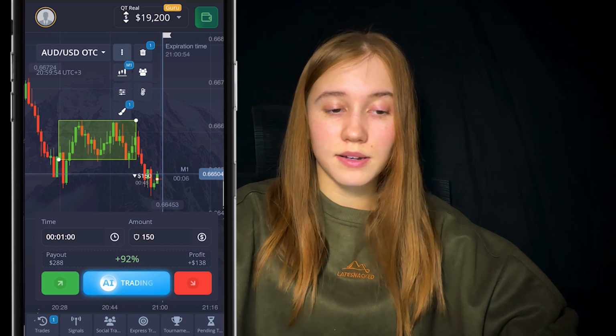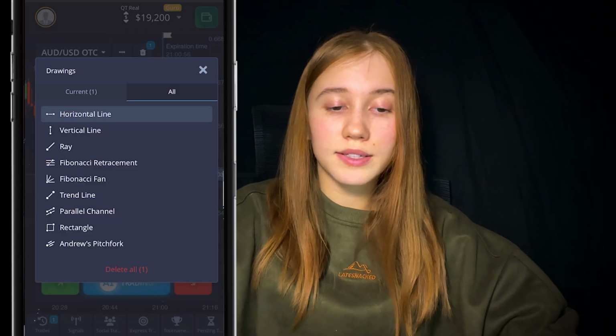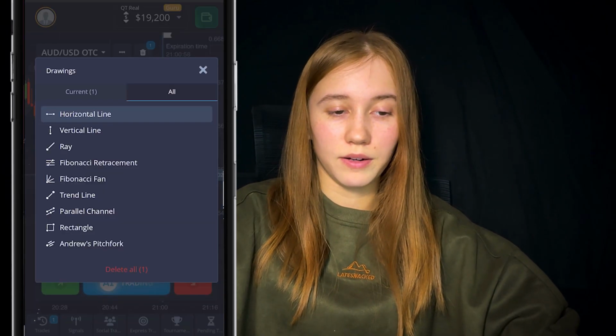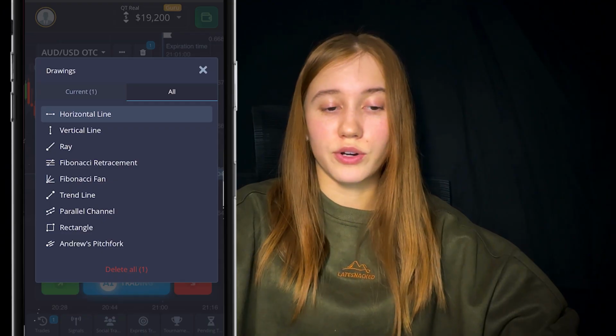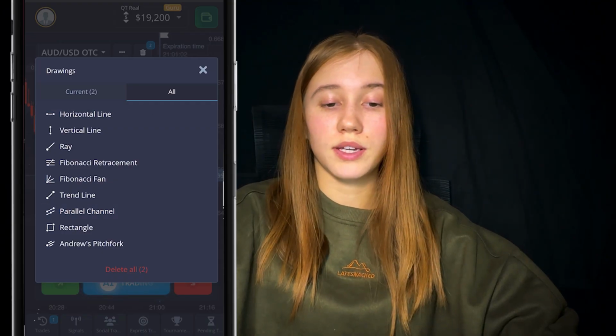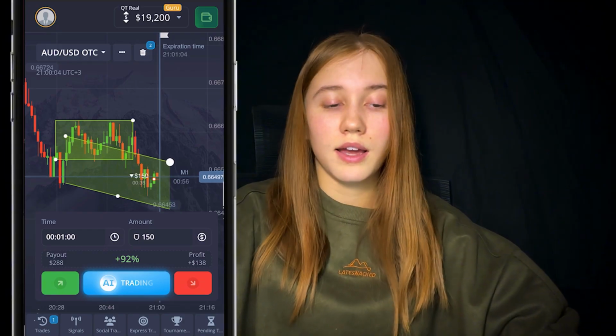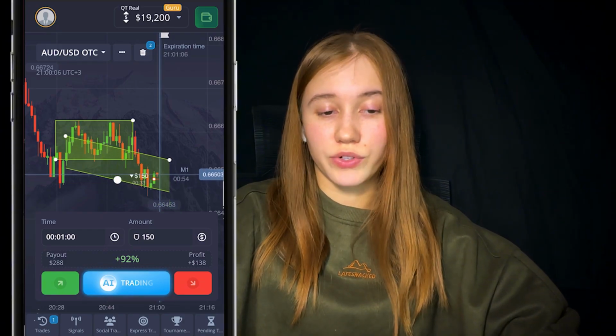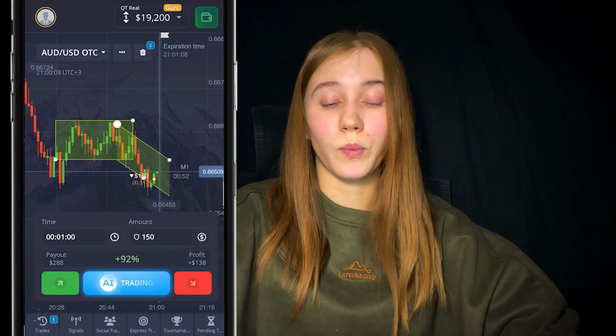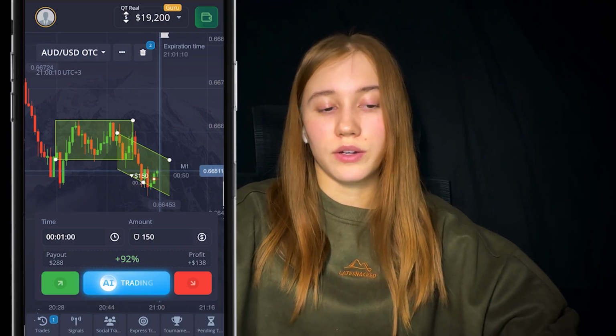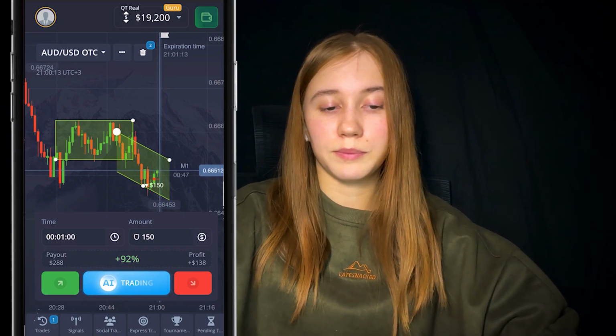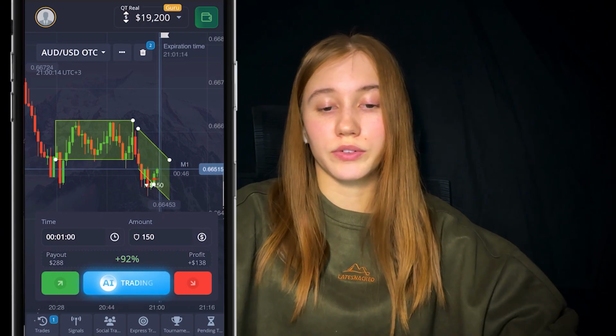So we see some area of consolidation. I'll highlight it. We see the general trend. And so to say, after our consolidation, the trend went specifically downward and most likely will continue to the general support area.